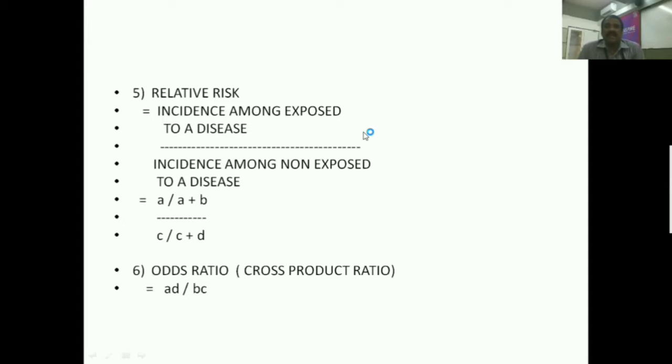So this is A divided by A plus B, upon C divided by C plus D. And finally, we are going to get this relative risk.